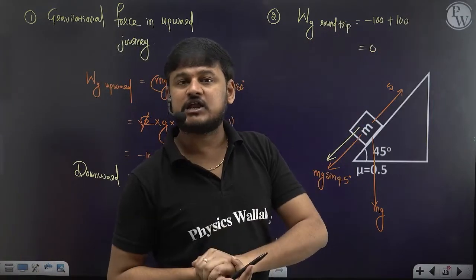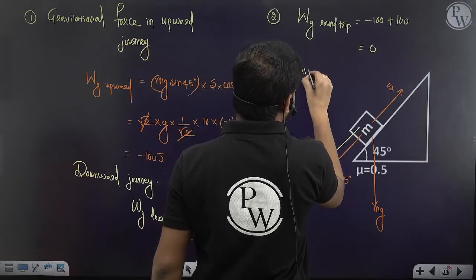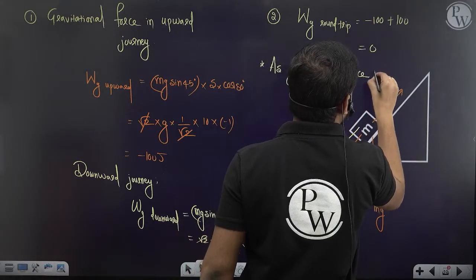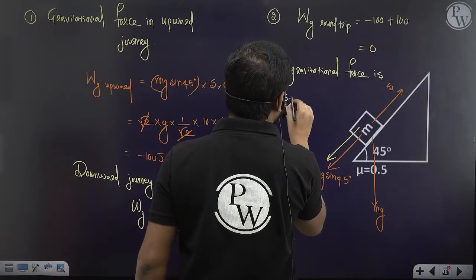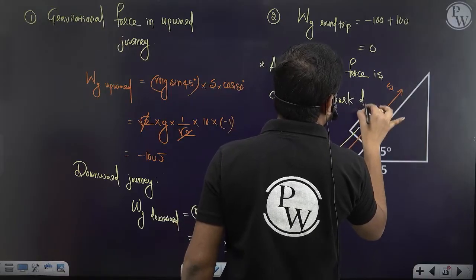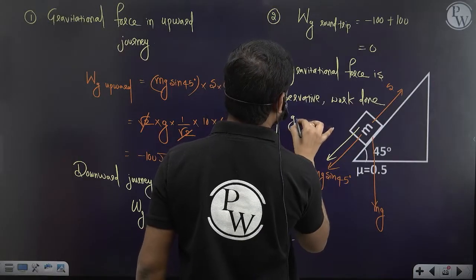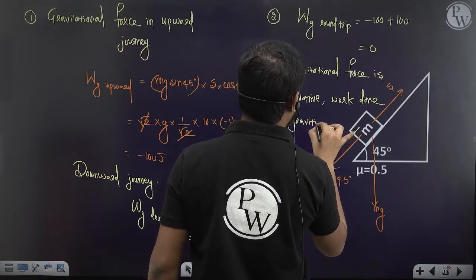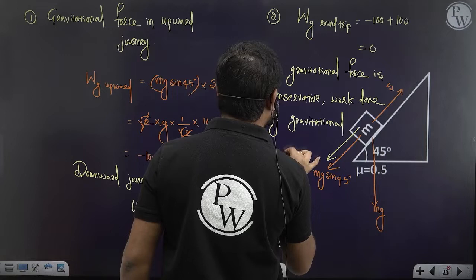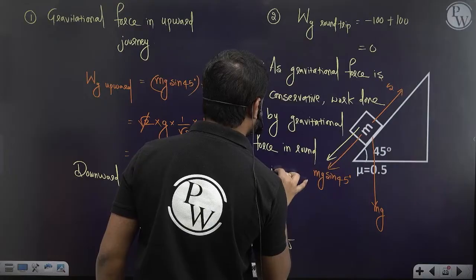Same by calculations, as the gravitational force is a conservative force, the work done by gravity in the round trip is 0. Write down: as the gravitational force is conservative, the work done by the gravitational force in a round trip is 0.